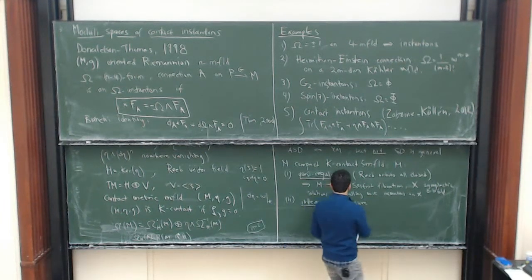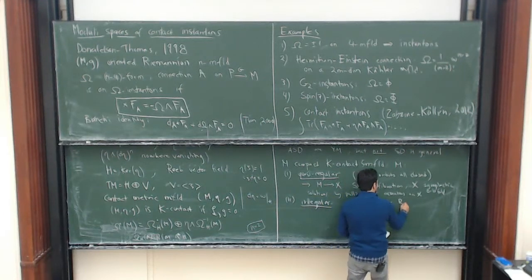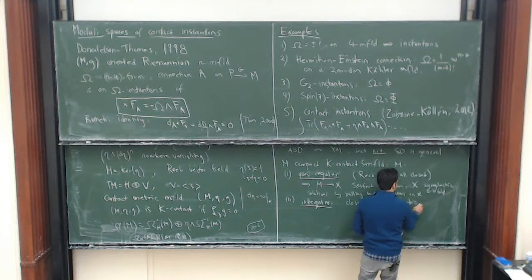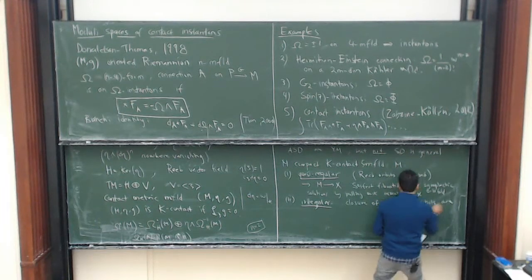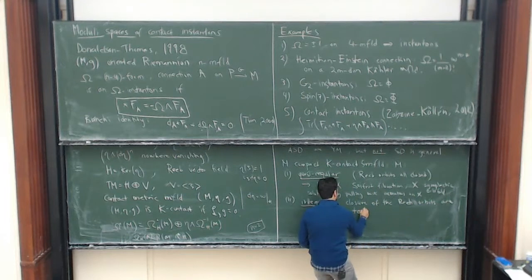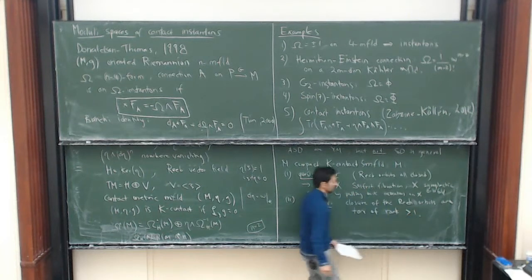But in the irregular case, the closures of the Reeb orbits are tori of rank bigger than 1, strictly bigger than 1.